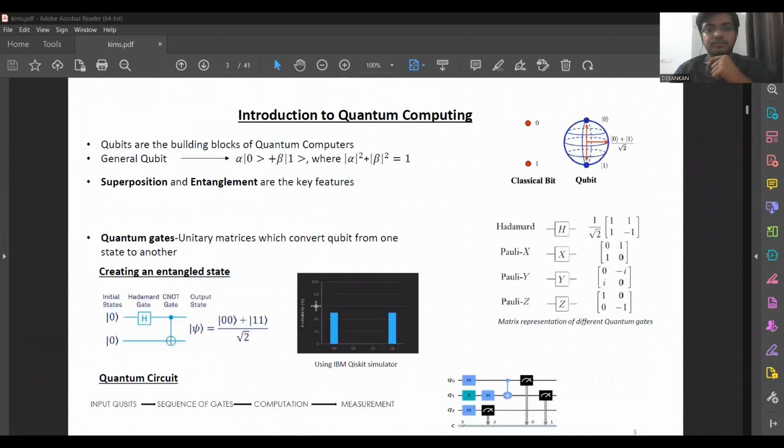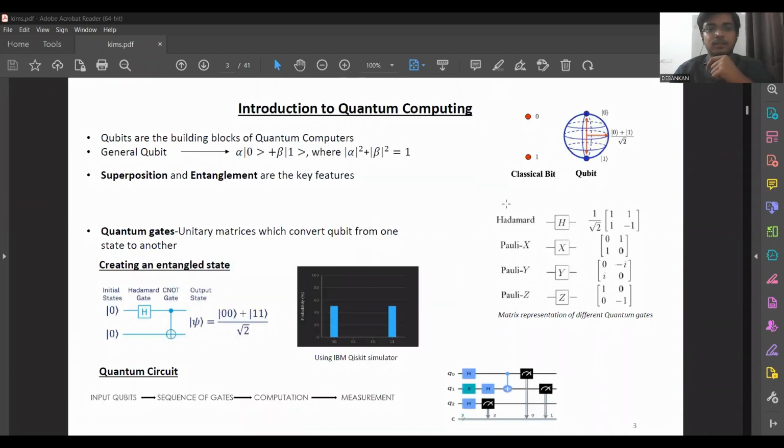Okay, so firstly, the basic building blocks which differentiate a classical computer, by which I mean a conventional computer which we are using these days, from a quantum computer are the bit and the qubit. Qubit means quantum bit, which is the basic building block of a quantum computer. In a classical bit, we can have either the state 0 or 1, so it is always a binary state.